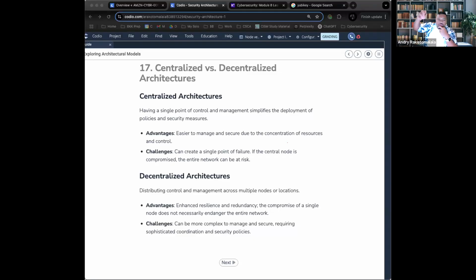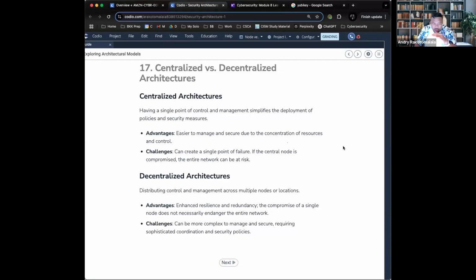It's all done through one singular point of control. Decentralized architecture spreads out processing and control across multiple locations and multiple different systems, meaning there's not one central location, it's pretty spread out.